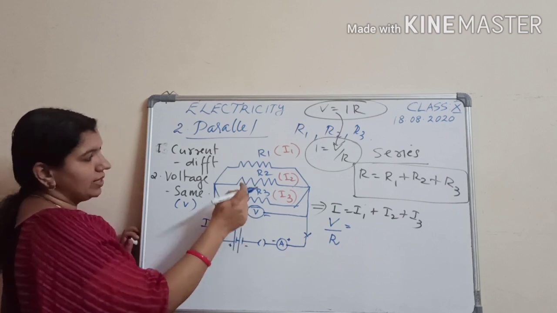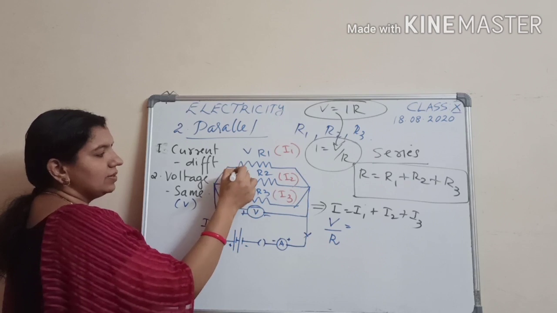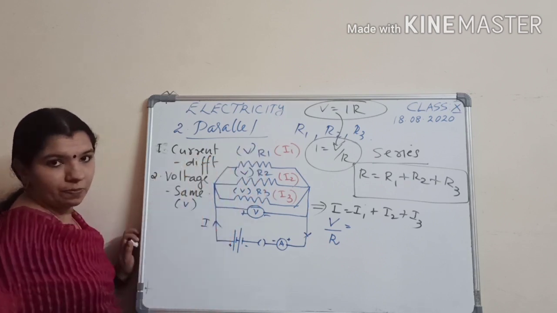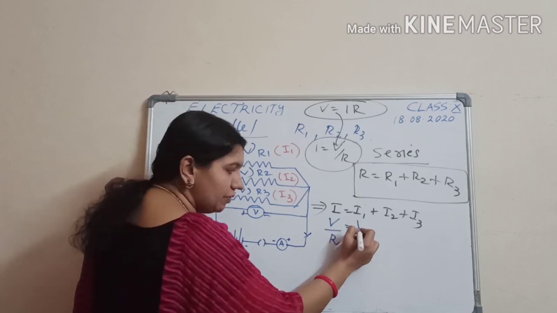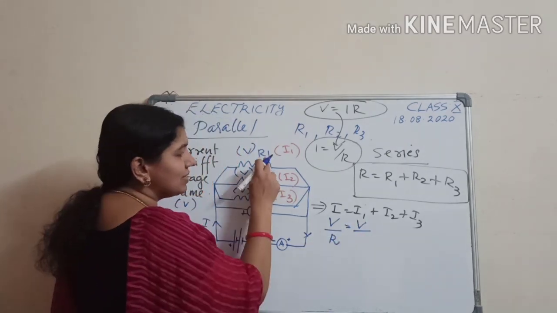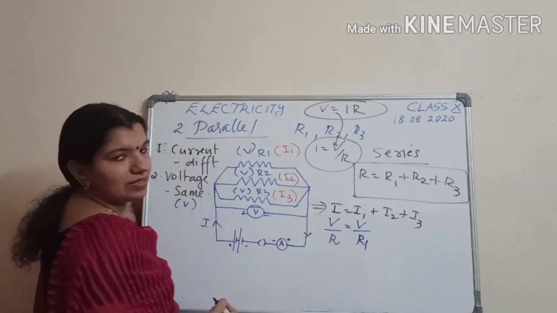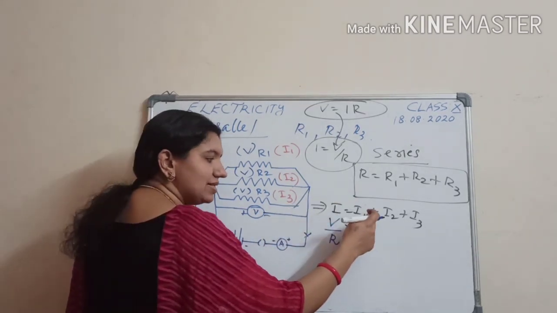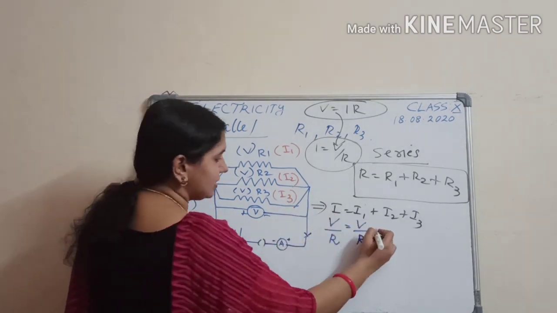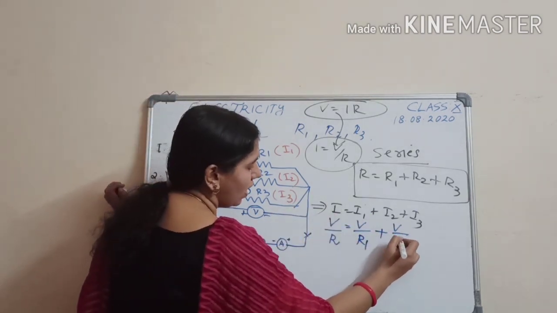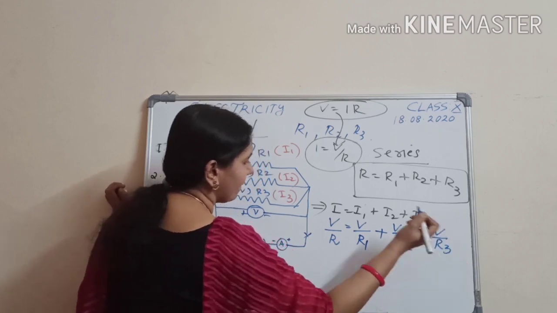Across R1, R2 and R3, it will be the same. It is V. So, I can write V for I1, but the resistance is R1. So, for I1, the equation is V by R1, plus V by R2, plus V by R3.